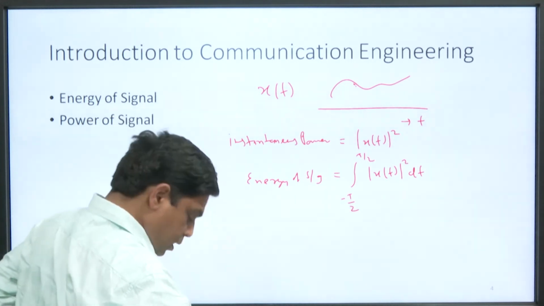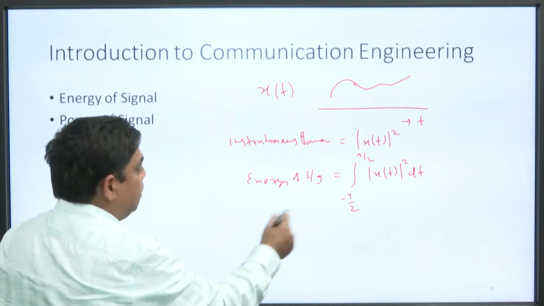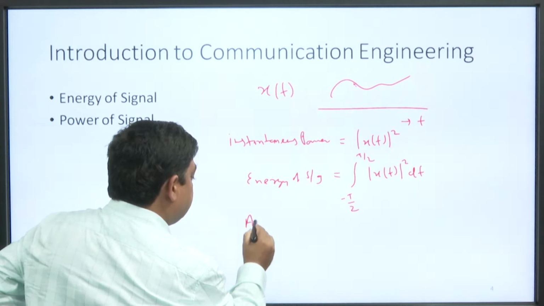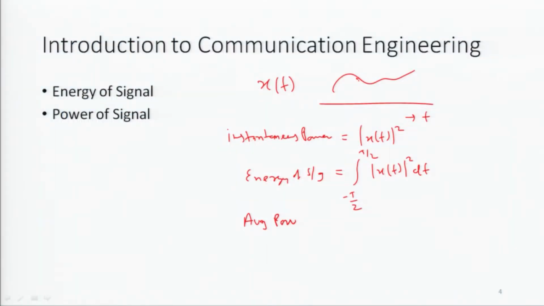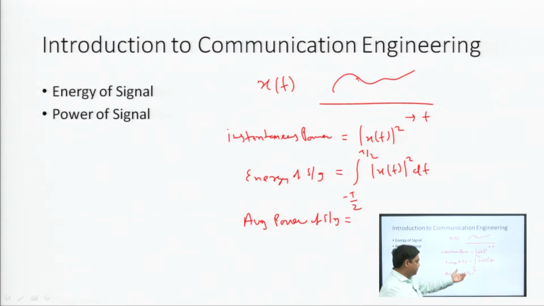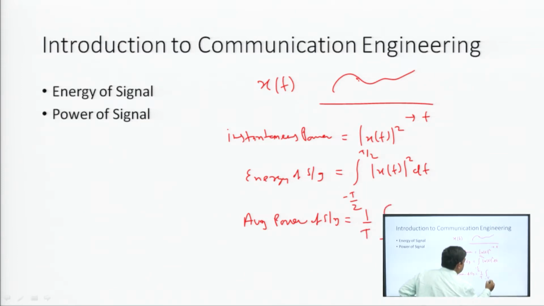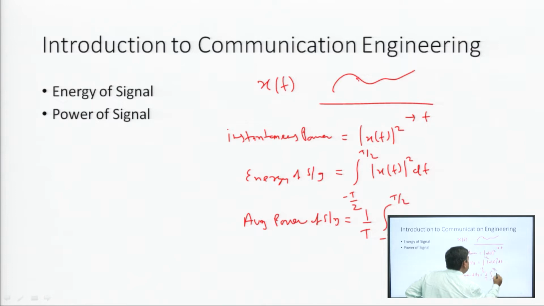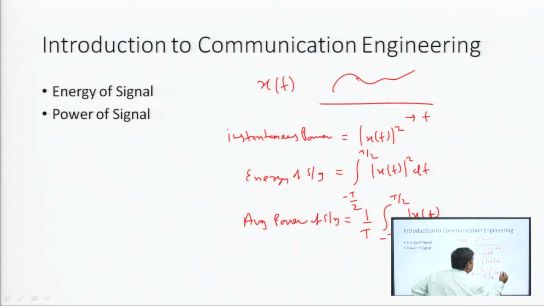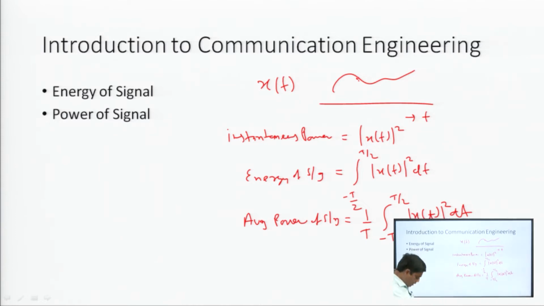And from the same equation we can find its average power, that is 1 upon T integral minus T by 2 to plus T by 2 mod of x(t) whole squared dt. This is the average power in the duration minus T by 2 to plus T by 2.